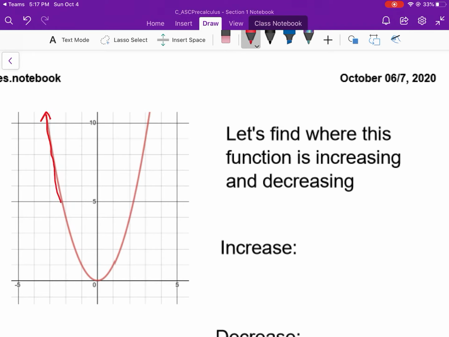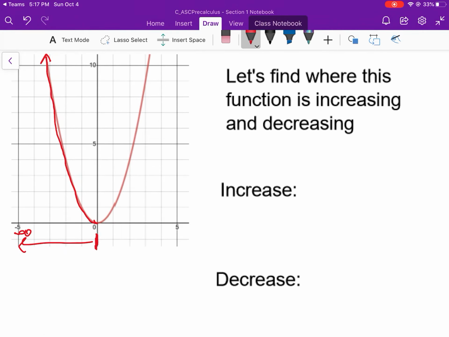Okay, so we're going to look at this first function, and I notice that on this left side it's going down, down, down, down, down, until I get to the y-axis, right? So from this whole section, from 0 all the way to negative infinity, that's where it's decreasing. So decreasing is from negative infinity to 0. Those are the intervals.